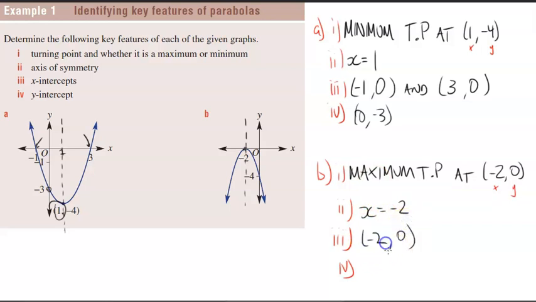It will be at -2, which happens to be also the turning point, the maximum turning point. It just touches it, and this is the situation where we have one x-intercept within a quadratic. And the y-intercept, this happens at this point here. So when x is equal to 0, y is equal to -4.